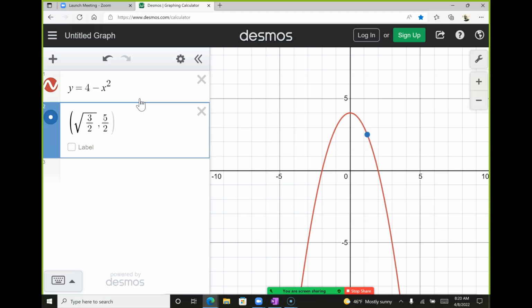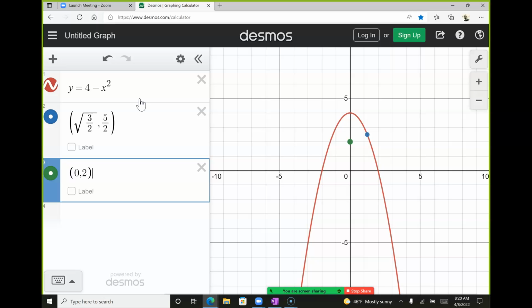And of course I have the point 0, 2. And you can see the perpendicularity there. Yeah, it would be perpendicular to the tangent. That's right.